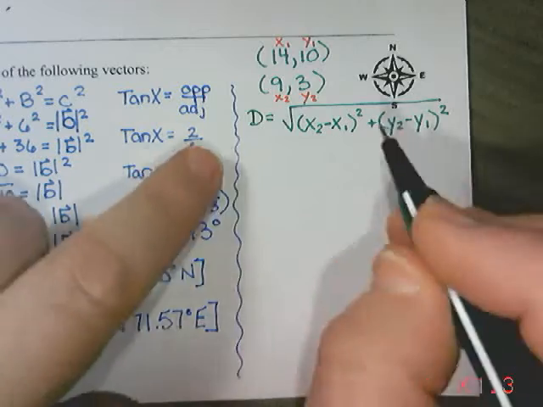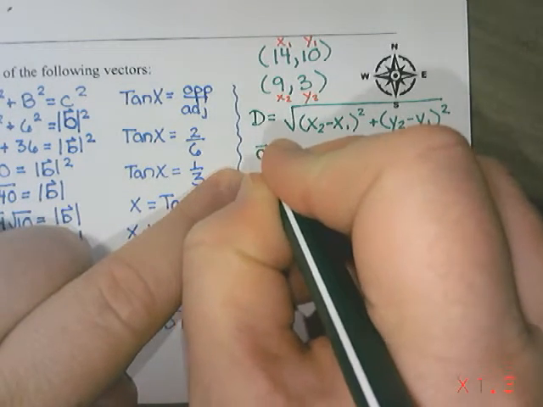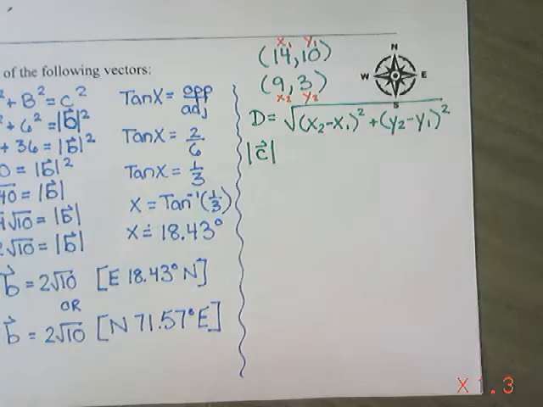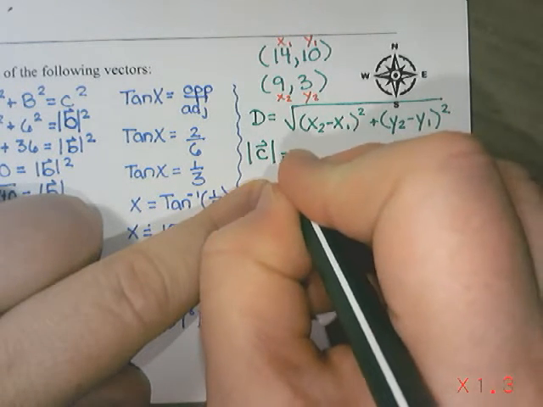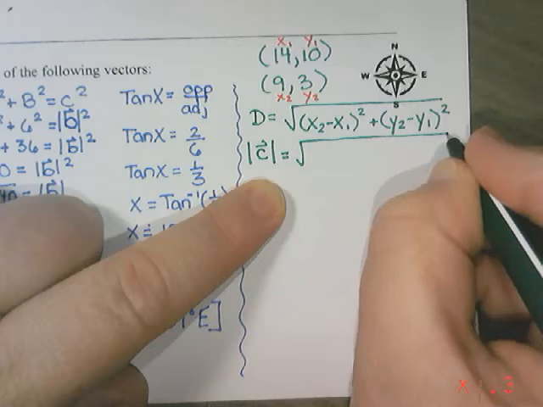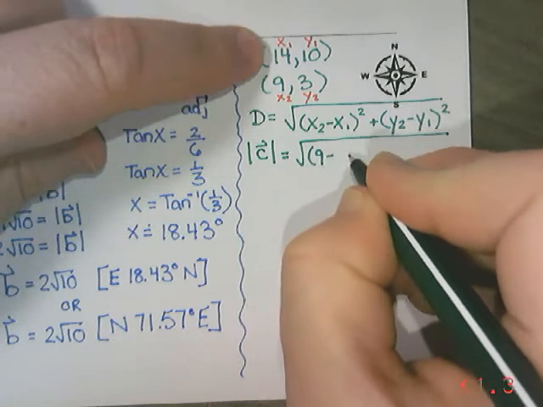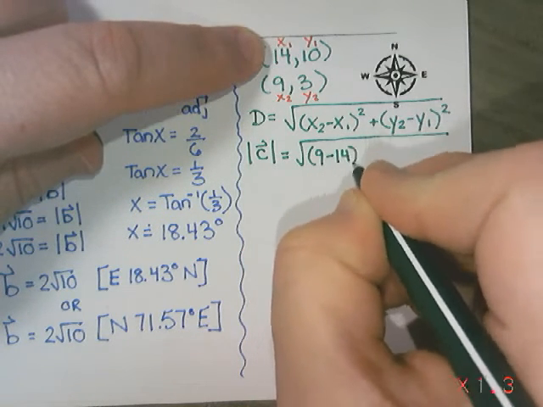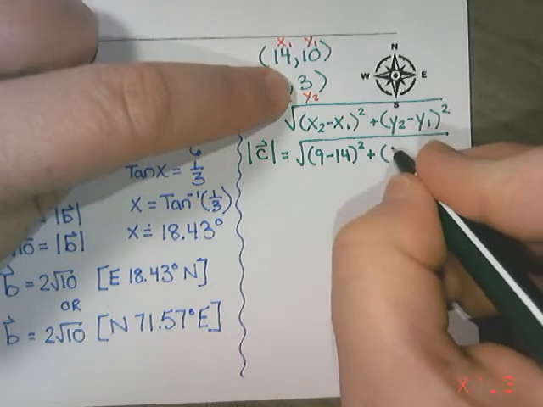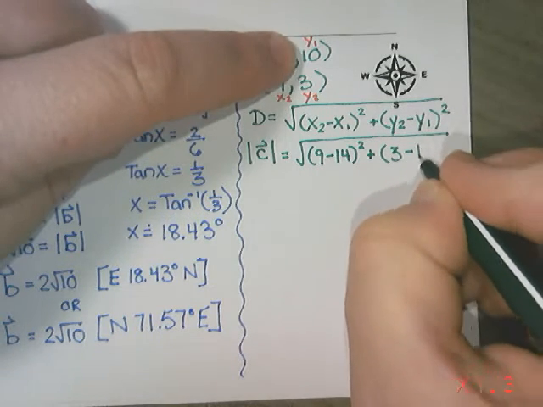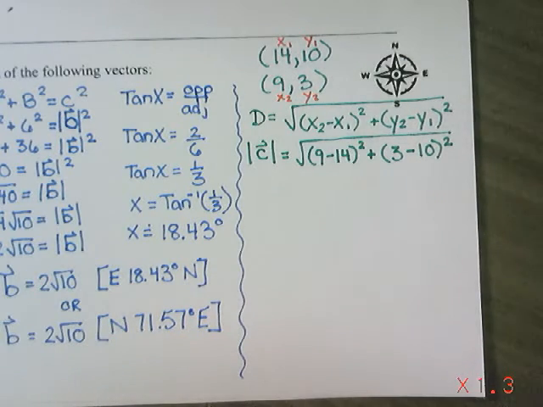Okay, so I'm going to calculate the magnitude of C. I'm going to write vector C, and we're going to put those magnitude lines, or the absolute value lines, on either side. And it is the square root of x2, so I chose that to be 9, take away x1, which is 14, and then squared, plus y2 is 3, y1 is 10, so 3 take away 10, squared.